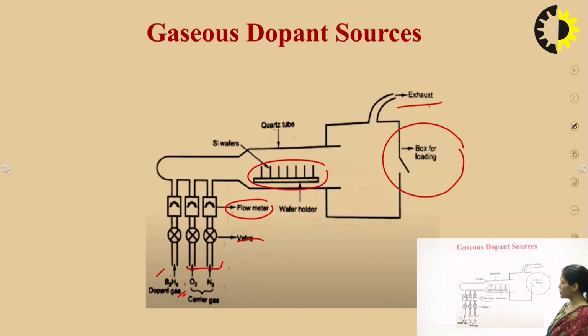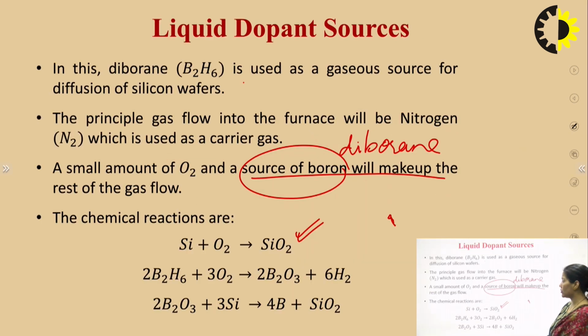So one of the reactions taking place inside this diffusion arrangement is the reaction of the silicon surface substrate with the oxygen to form silicon dioxide. Another reaction involves B2H6, which is diborane.